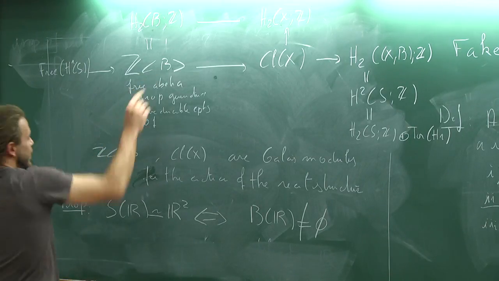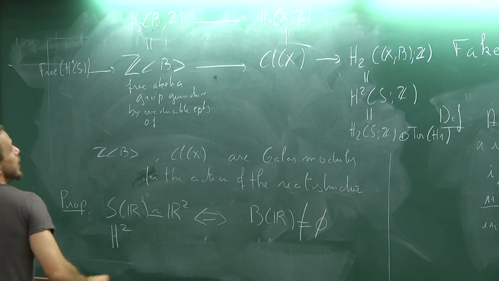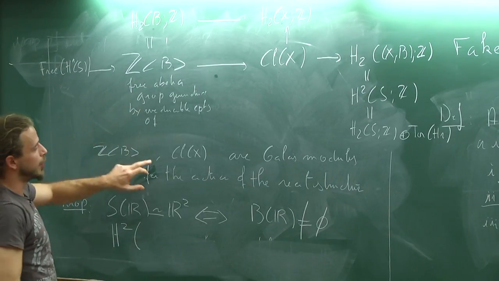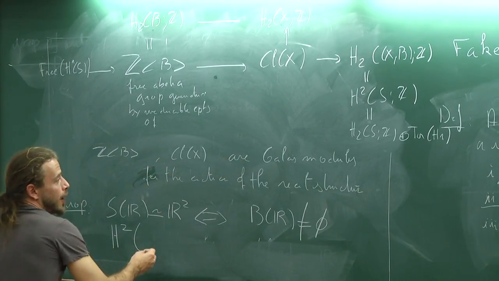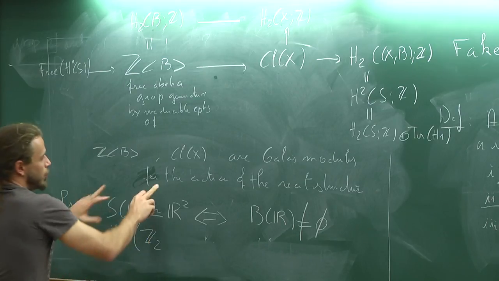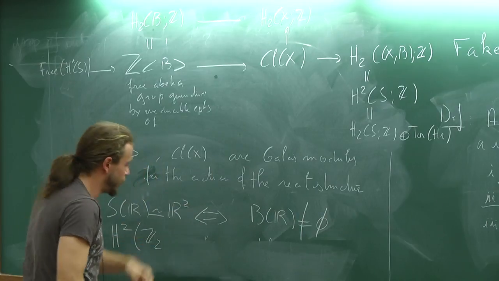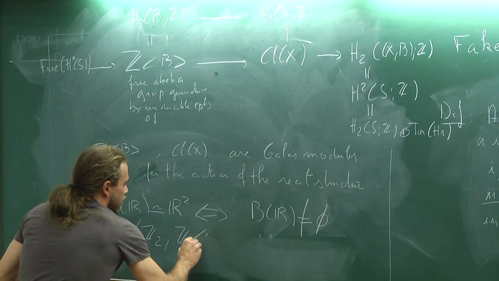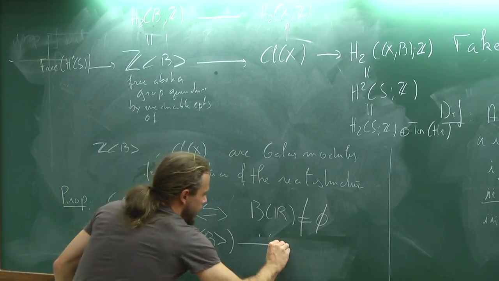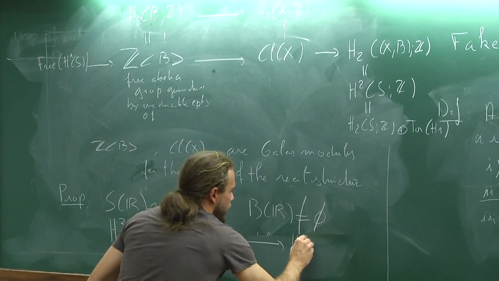And so we have this map, and this induces a map on the Galois cohomology group here. The Galois group is Z2, corresponding to the involution of the real structure. And this has to be an isomorphism.